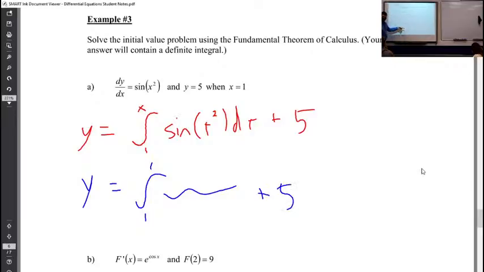This is 0. So that's why I chose my lower bound as 1, so that when I plugged in 1 for x, I was getting an integral from 1 to 1. And then I could just say this part will be 0, so let me put a plus 5 here, and ta-da, y is 5. Like magic.